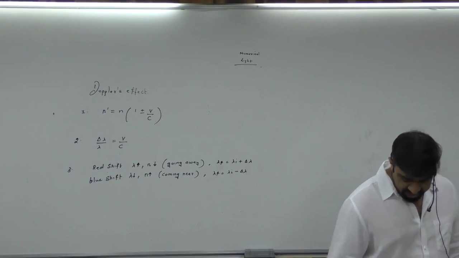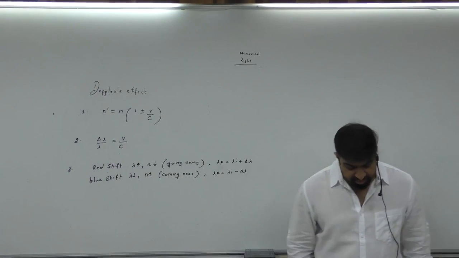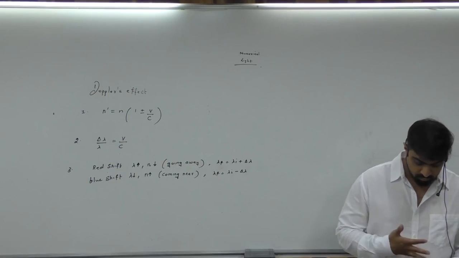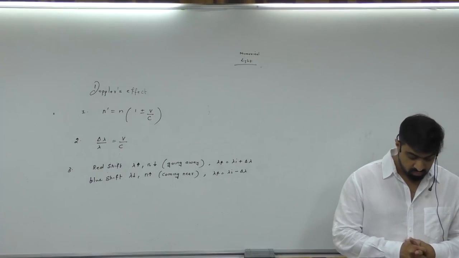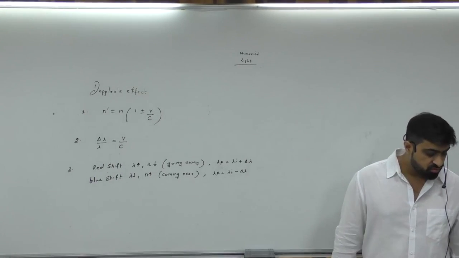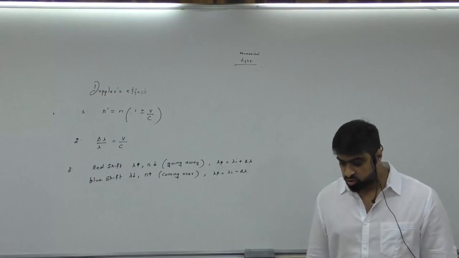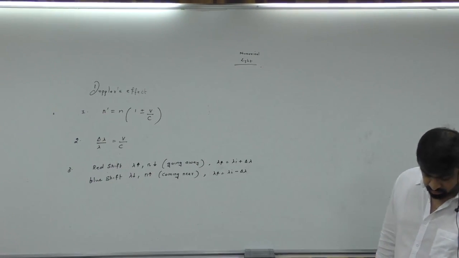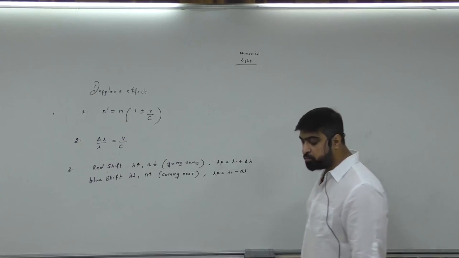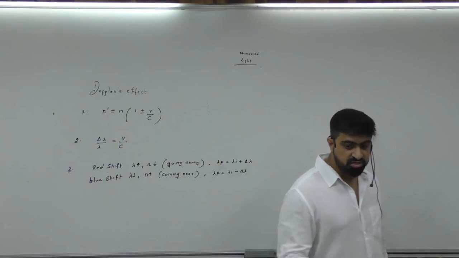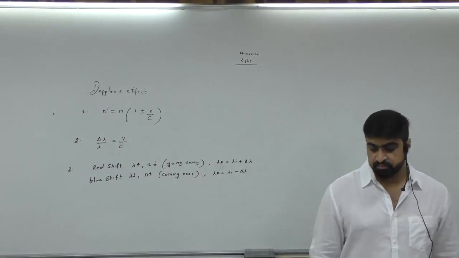The wavelength of the light emitted is 5000 Angstrom. What is the Doppler shift?